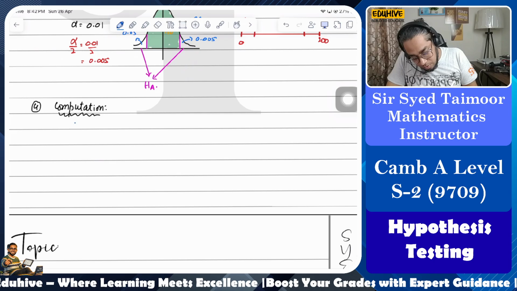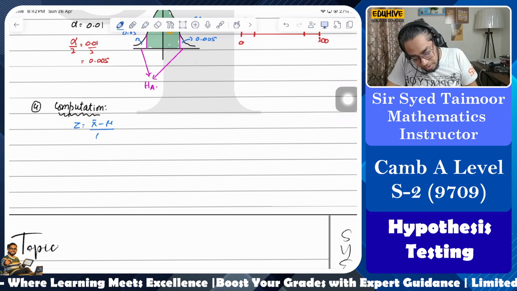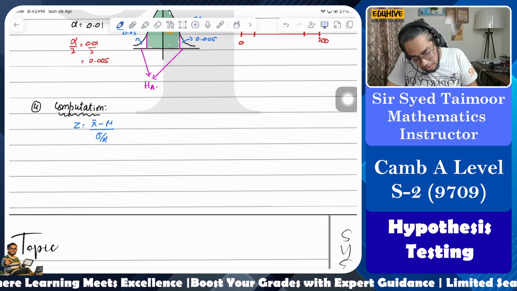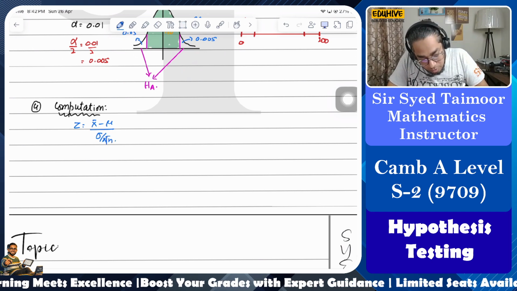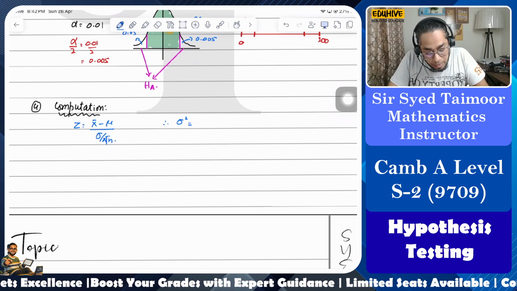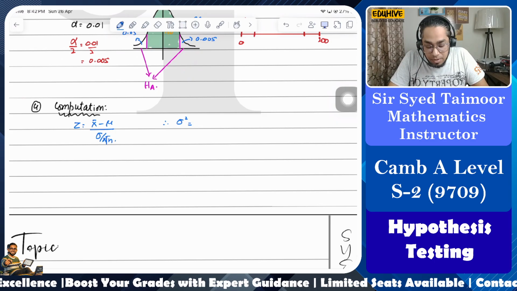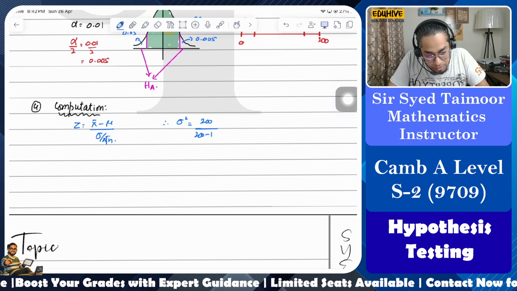I will follow that Z is equal to X bar minus mu divided by sigma over the square root of n. Okay, this is a sample now. So we do not have exactly sigma square, so I can calculate that from the sample size. What was the sample size? That was 200, and 200 minus 1.